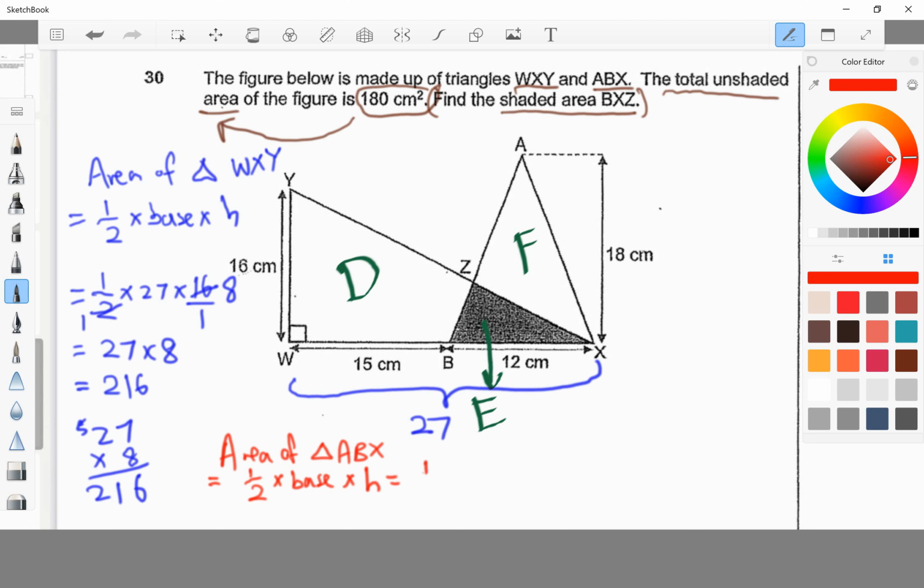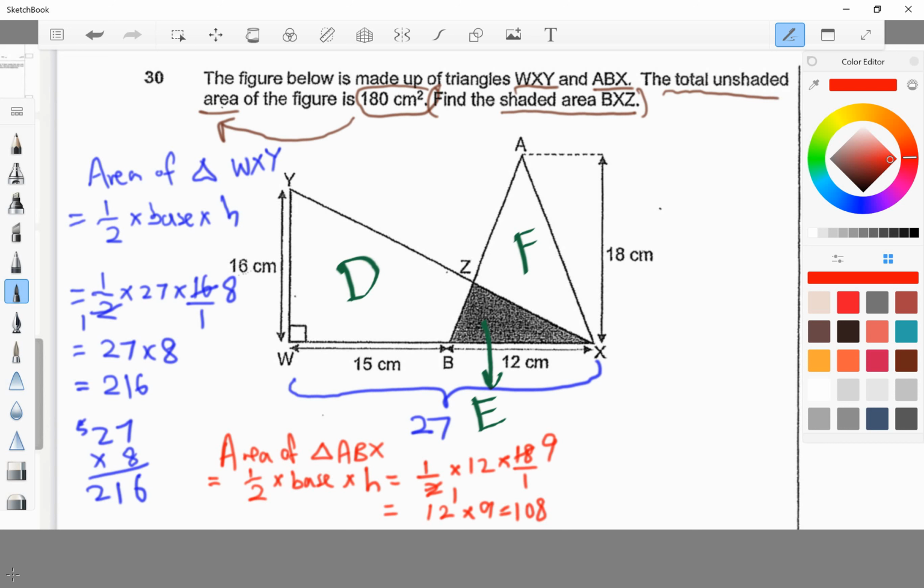The base is actually 12, and in this case, the height will be 18. And it'll be super easy for me to cancel 2 with 18. So 2 divided by 2 is 1, 18 divided by 2 is 9. So this is 12 times 9, which will lead us to 108.